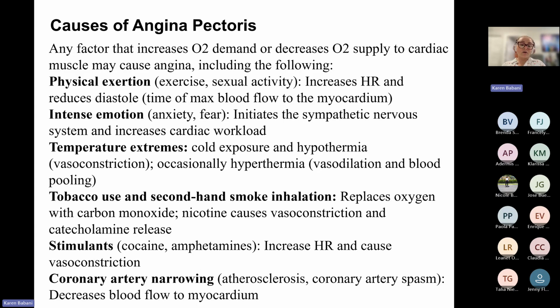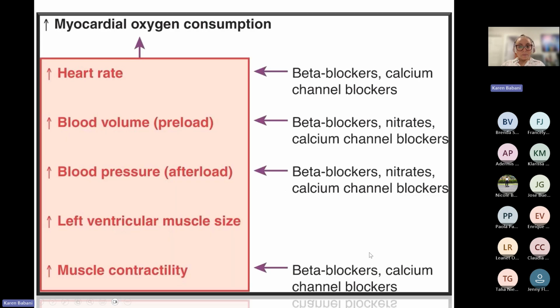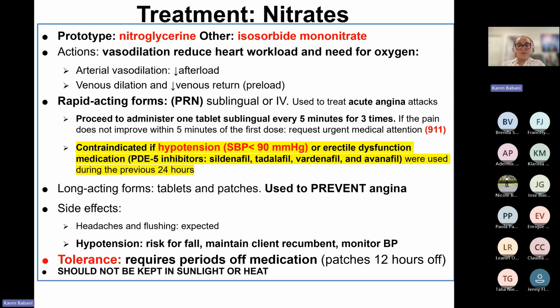So we need to look for alternatives to amphetamines if we have a patient with angina pectoris and ADHD. And we talk about coronary artery narrowing. That's what we've been talking about, right? Your atherosclerosis. Same thing. This is basically the medications and how the myocardium consumes oxygen.